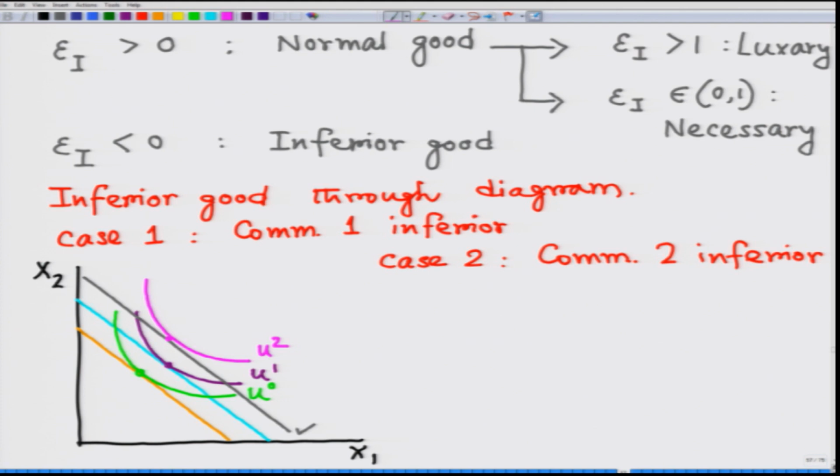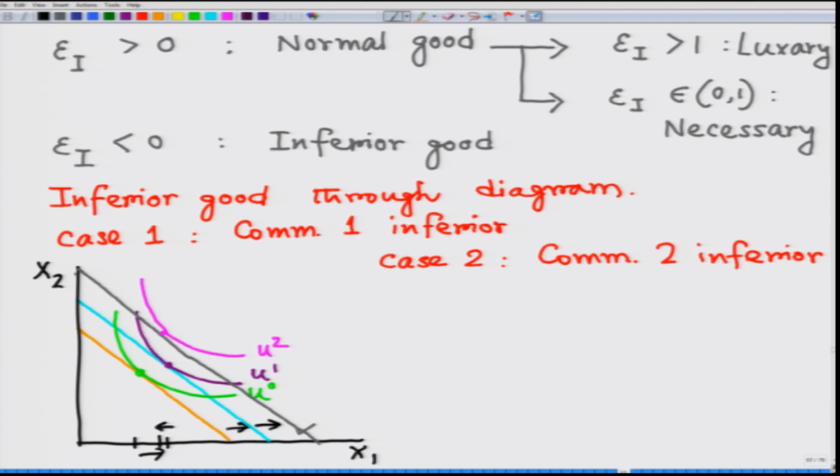So, here you can see that the initial level of x1 consumption was here. Now, after the first round of income increase, the consumption of x1 increased to this point. So, you can see after the second round of income increase, the consumption of commodity 1 has gone down here.